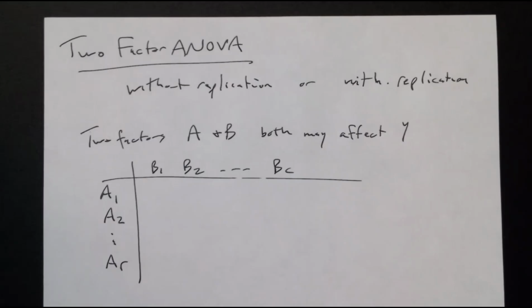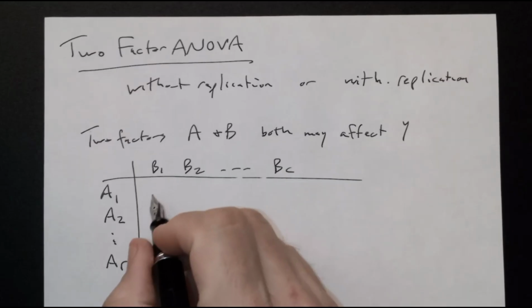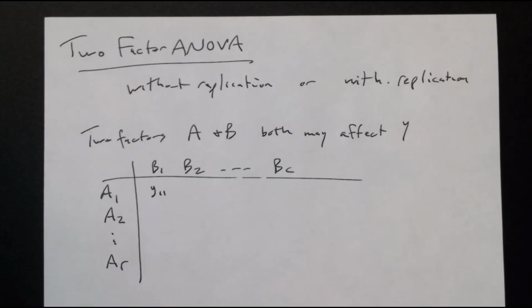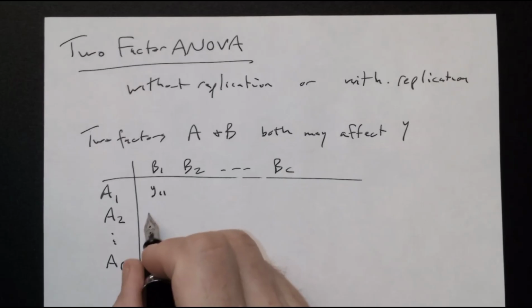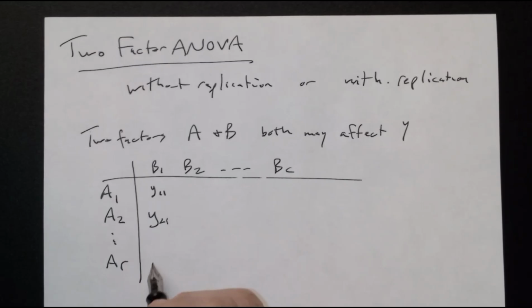And I've gone through to R and C for row and column. So there are however many choices there are for factor B, however many choices there are for factor A, whatever these levels and groups are. The without replication idea means that each of these combinations of factors, each treatment, has one observation. So there's one observation here. First row, first column. One observation there.